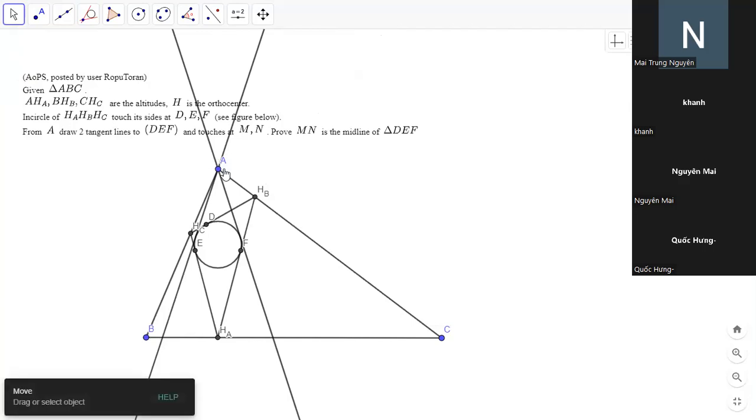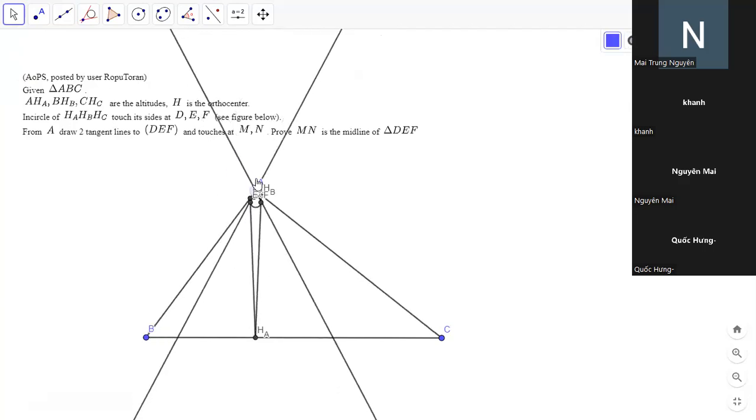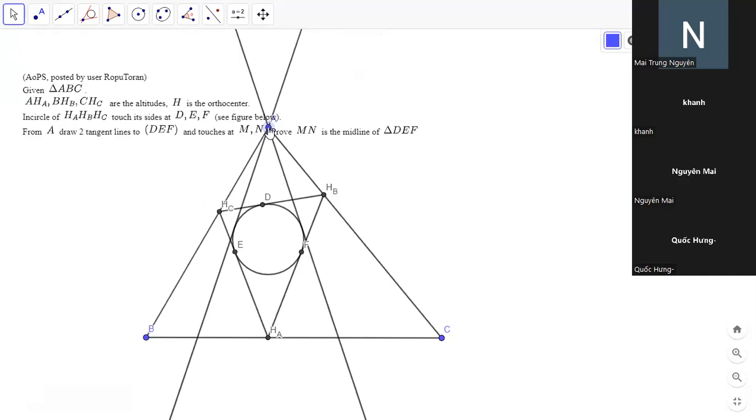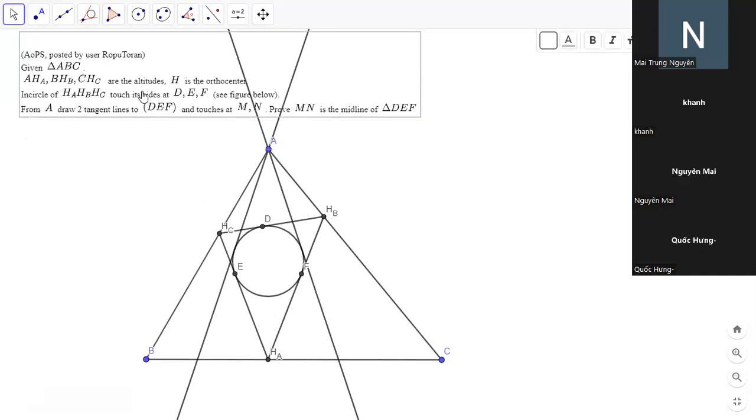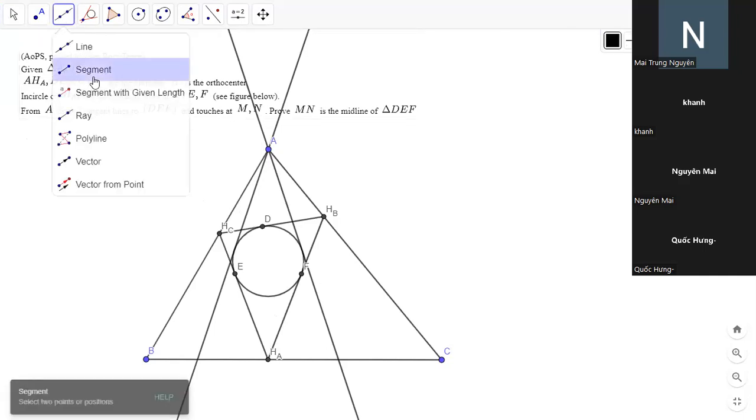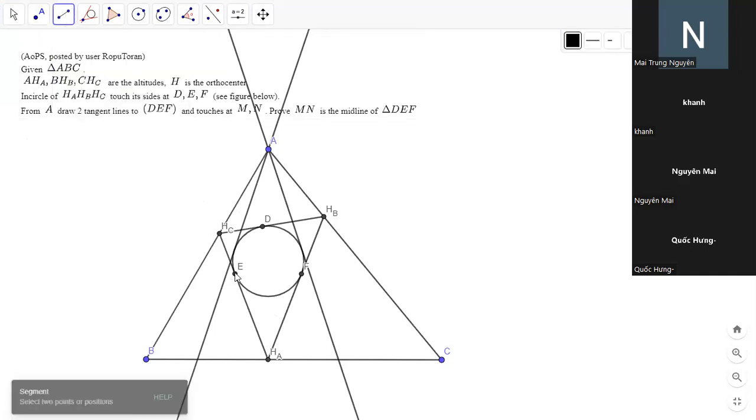So yeah, it might be easier to rewrite this problem. Basically, I think maybe a better way to do it is to draw the midpoints of DE and DF and show that they lie on the polar of A with respect to this circle.